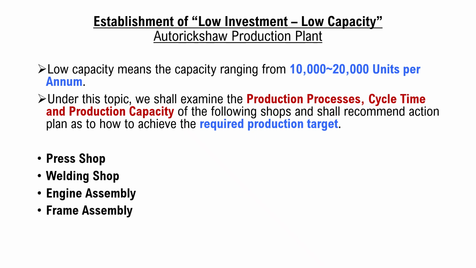Under this topic, we shall examine production processes, cycle time, and production capacity of the following shops, and shall recommend an action plan to achieve the required production targets. The shops under discussion will be press shop or stamping shop, welding shop, engine assembly, and frame assembly.